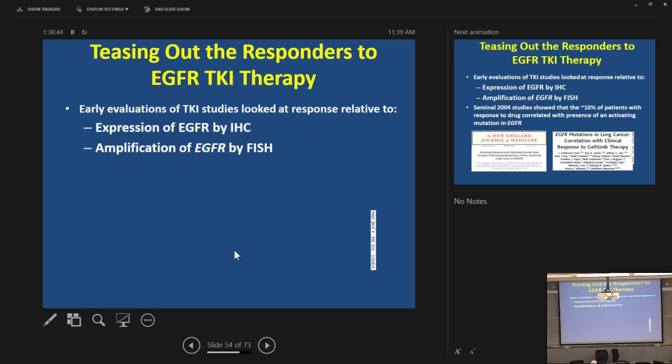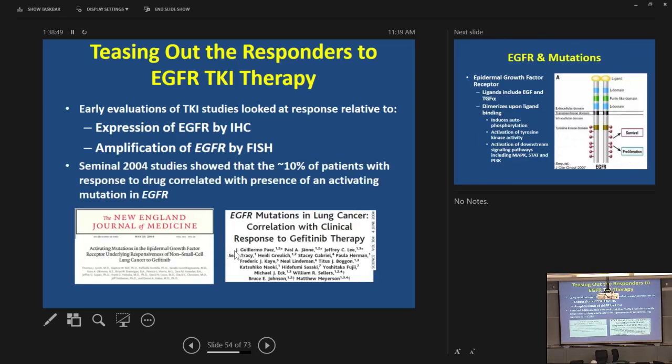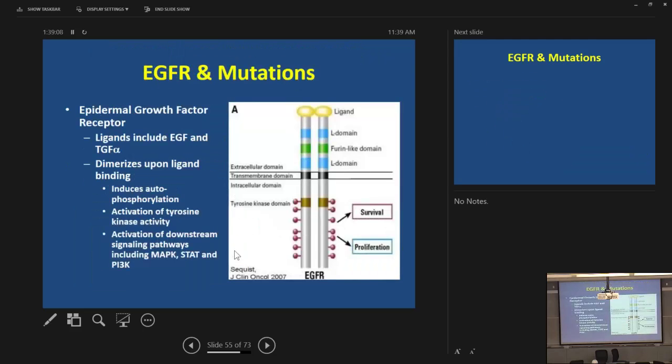These early evaluations looked at the expression and the amplification of EGFR, and essentially showed that there were activating mutations occurring, constitutively activating the downstream pathways that develop our cancer, and treating those would cause responses.